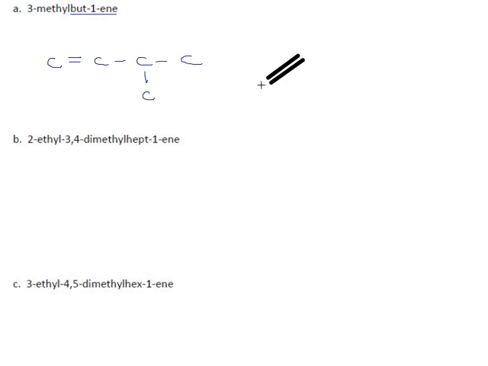So there's a carbon on this end, there's a carbon on the other end. After that, we have this single bond. Get that kind of neat shape. Then another single bond. Okay, so that's our but-1-ene. 1 carbon, 2 carbons, 3 carbons, 4 carbons. And then on carbon number 3, 1, 2, 3, we have our methyl group coming off. So probably like that.